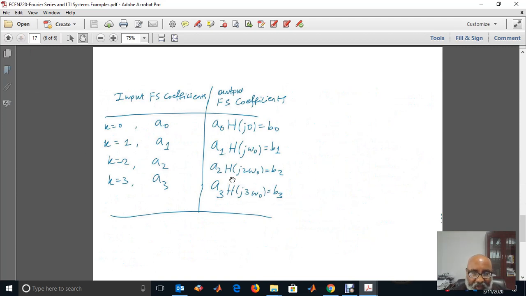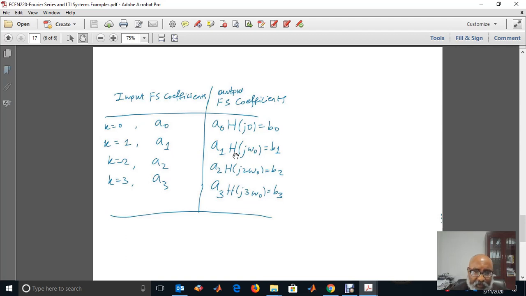Now, what is happening? Here, if the input is A0, the output is B0. B0 is A0 times H at 0, at frequency 0. If the input is A1, the output B1 is A1 times H(j omega naught). What does it mean?